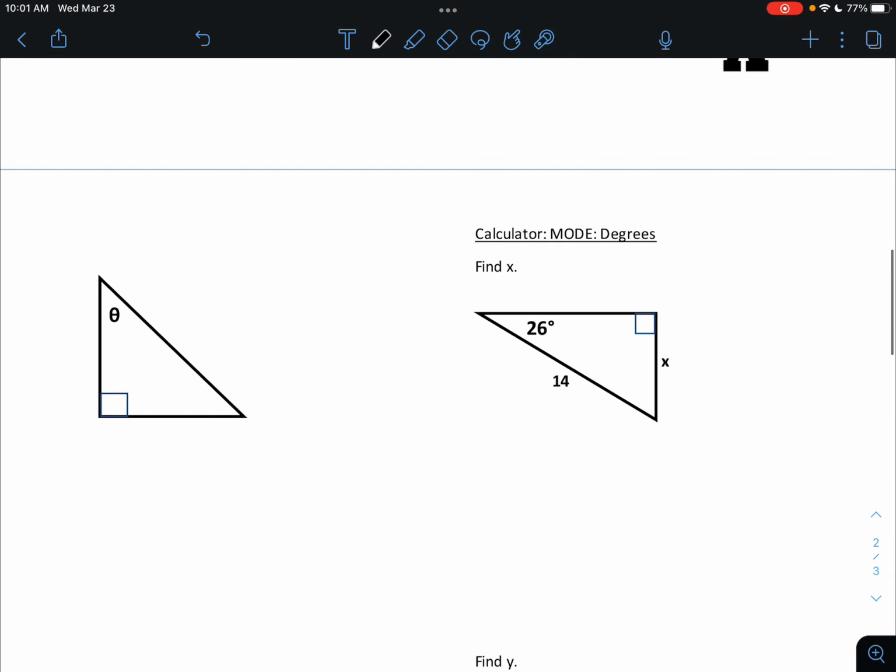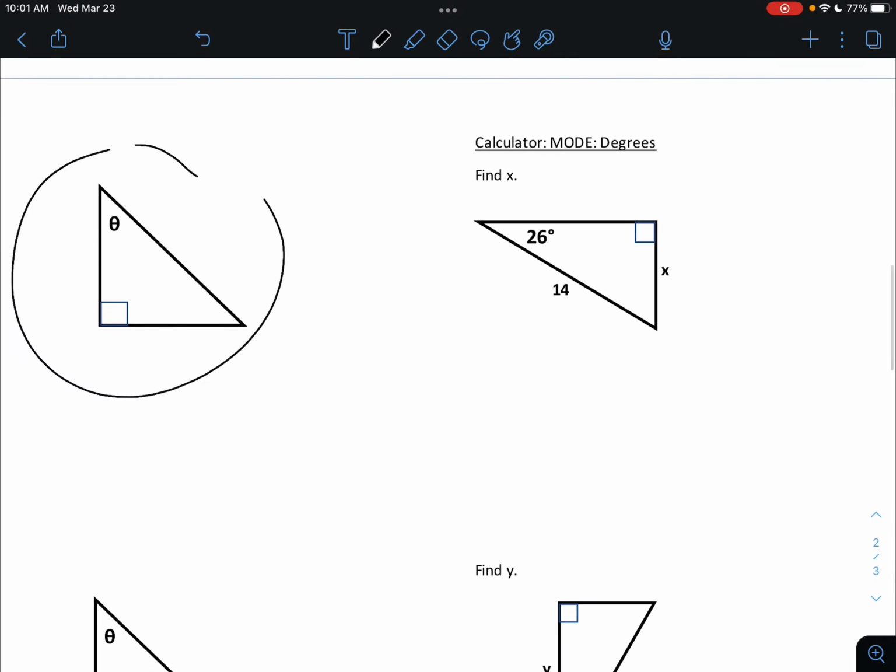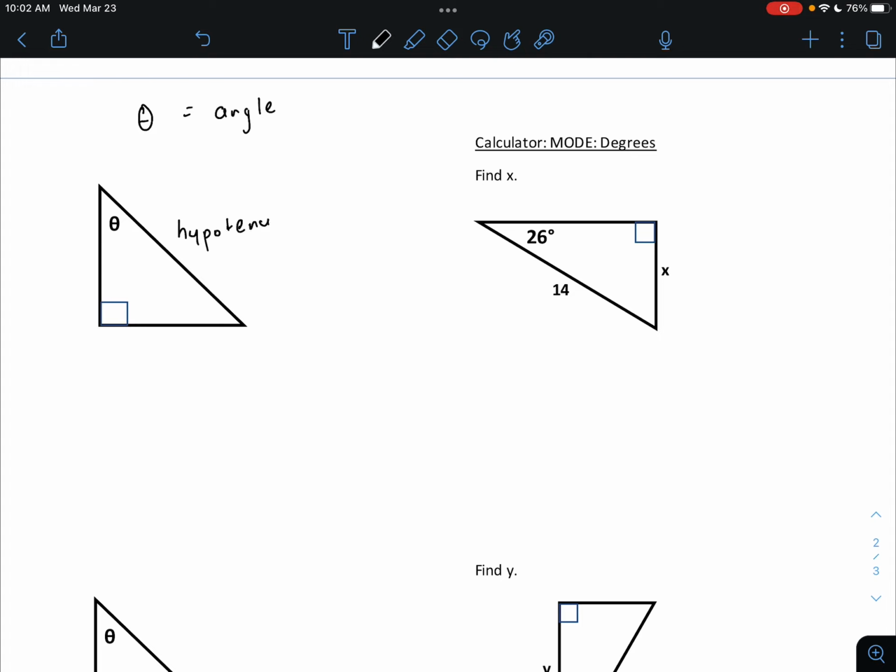So let's scroll down. This left side of this page here should be on the back flap when you open the top flap for your sine. We've got our angle here, and this is the angle called theta. This symbol is just your angle, whatever angle we're talking about. Now, we're dealing exclusively with right triangles, and we should already know that the hypotenuse is the side across from the right angle.